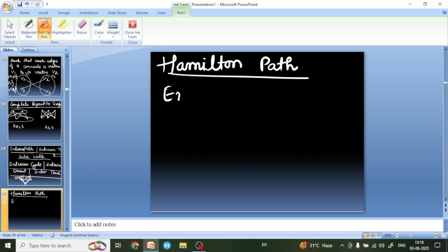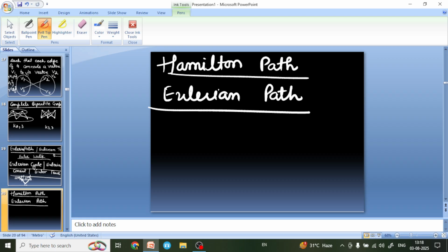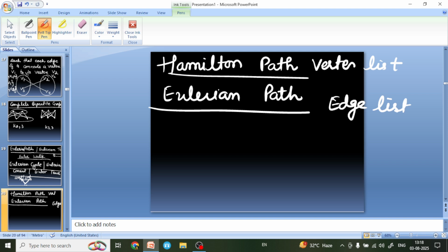In Eulerian path we see the edge list, but in Hamiltonian we see the vertex list.